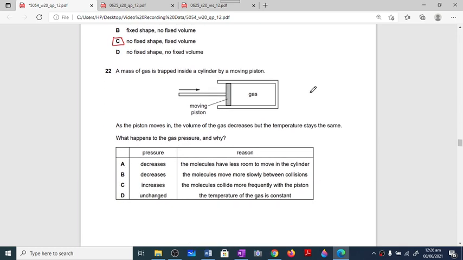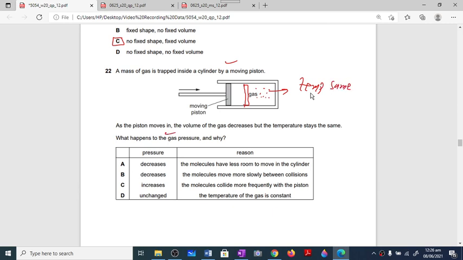For question number 22, a mass of gas is trapped inside a cylinder by a moving piston. So the piston will move in an inward direction. As the piston moves in, the volume of the gas decreases because the particles become closer to each other. Temperature is the same, so there is no change in the kinetic energy.